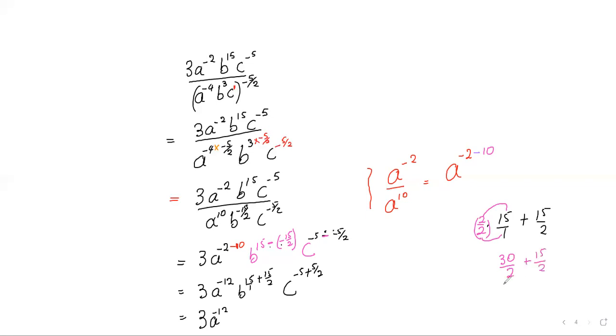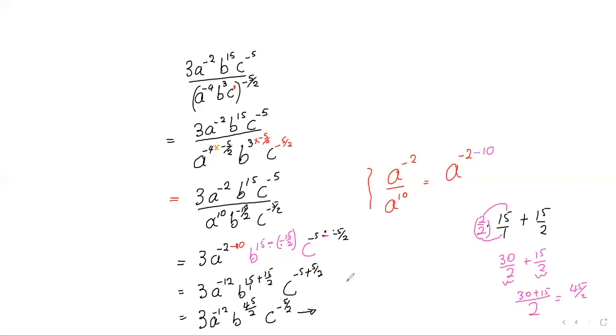I do this so that I have the same denominator, so I can add. It's going to be 30 plus 15. That gives us 45 over 2. So it's going to be b^(45/2), c^(-5 plus 2.5). We subtract, the answer is going to be negative 5 over 2.